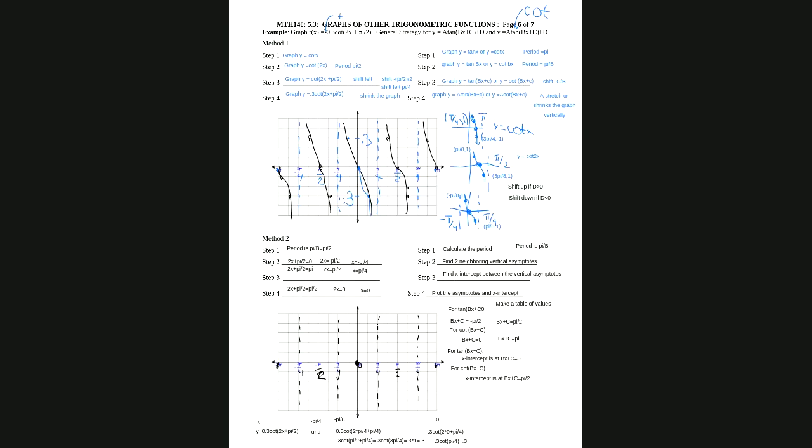And very similar to what happened when I plugged in negative pi over 8, I'm going to end up with 0.3 times the cotangent of, oh, hang on one second. I think back here when I plugged in negative pi over 8, I did something wrong. Okay, so I'm going to have to come back and fix that. I'll keep going with positive pi over 8. We're going to have 2 times pi over 8 plus pi over 4.